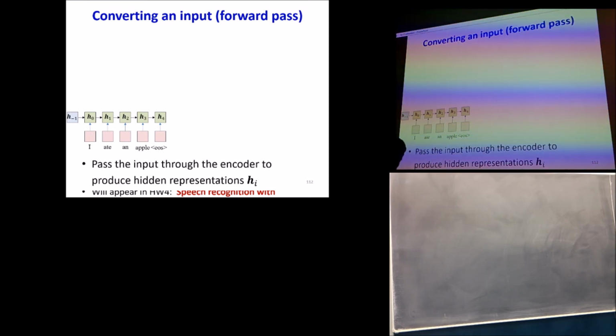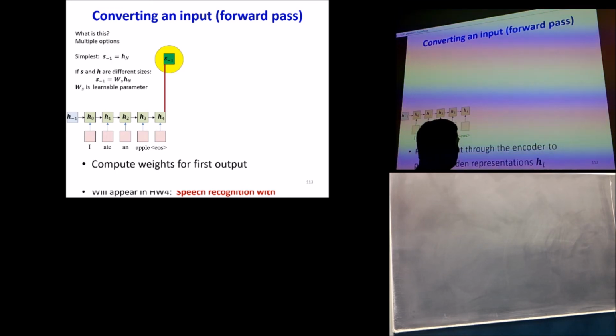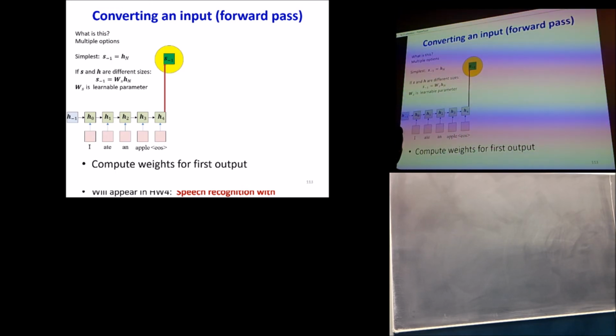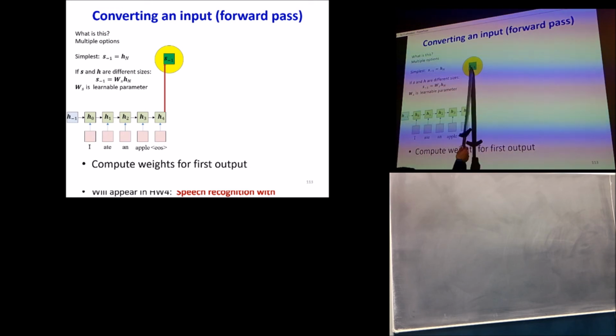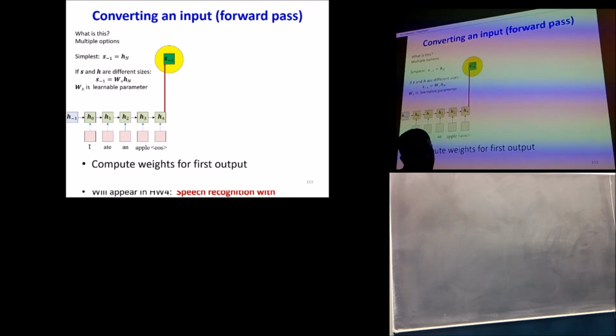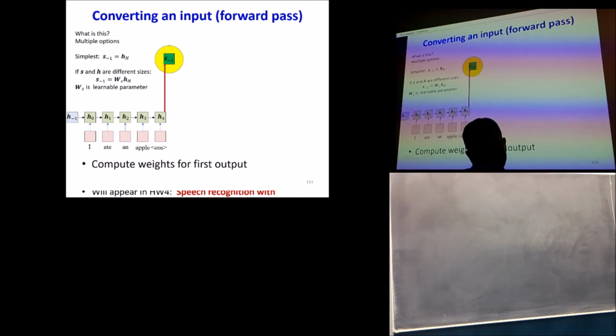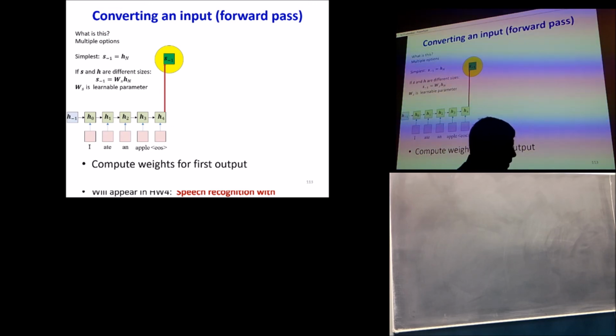So when I use this process to actually translate one sequence to the other, here's how it goes. First, I'm going to pass the input through the entire encoder to produce hidden representations at each time. And subsequently, from the final hidden representation, I would compute the initial value of the state of the decoder, the state of the decoder at time -1.